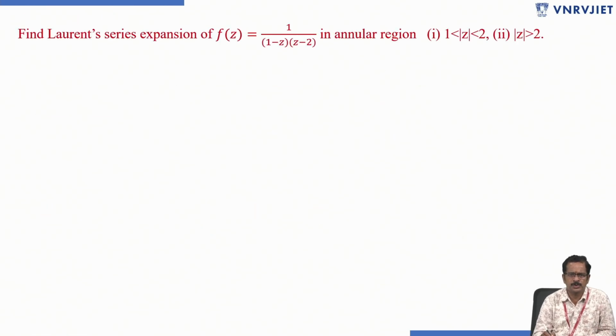Now let us try to find the Laurent series expansion for f(z) equals 1 by (1 minus z) by (z minus 2) in the region 1 less than mod z less than 2, and the second question is in the region mod z greater than 2.